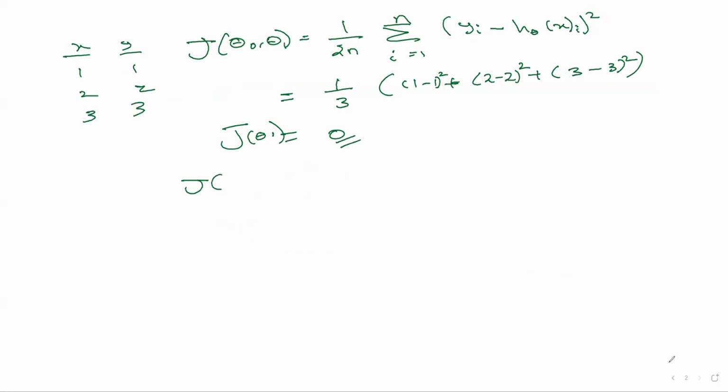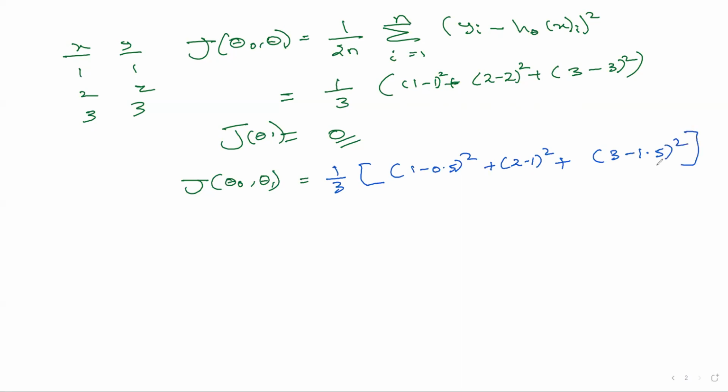Similarly, j theta 0 theta 1 is equal to 1 by 3, 1 minus 0.5 whole square plus 2 minus 1 whole square plus 3 minus 1.5 whole square. I already solved this one, so please try to solve it, and your answer will become near to this one.